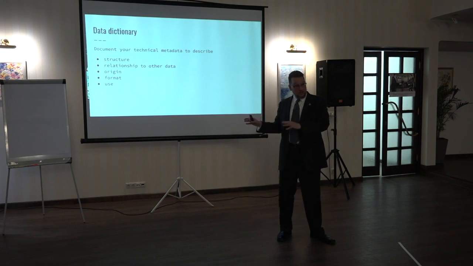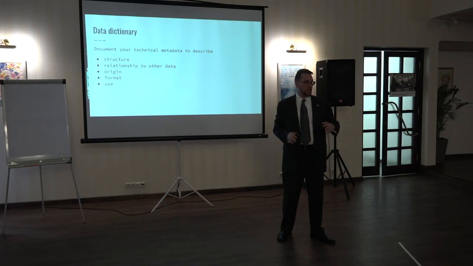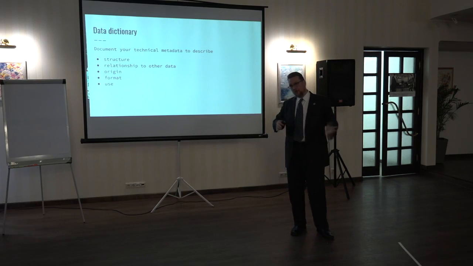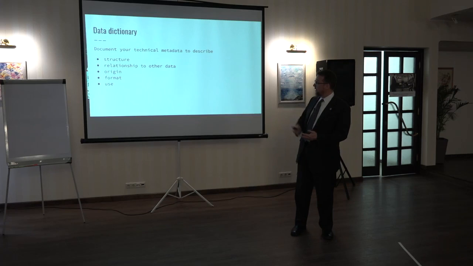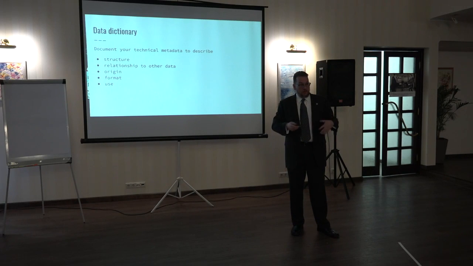As I talked about, Atlas helps you with this for the things that Atlas plugs into, but Atlas doesn't have a lot of plugins yet for things like legacy databases that you may be coming from. But as open source goes, it evolves. But you need this. You need to know the metadata, the structure, the relationship to other data, the origin, format, and use. Unless you have a data dictionary, unless you have an inventory, you're only going to go so far.